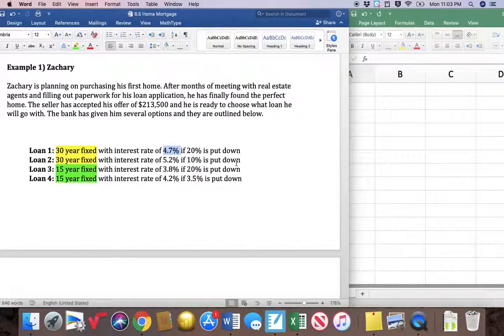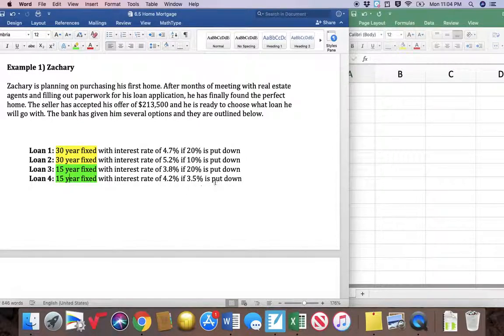Notice in loan 2, if he only puts down 10% of the value, that interest rate is going to be a little higher at 5.2%. Here we see the same thing in our 15-year loans. The more that's put down, we get this lower interest rate of 3.8%. Notice that since it's a 15-year and he's putting 20% down, that's the lowest interest rate we see here.